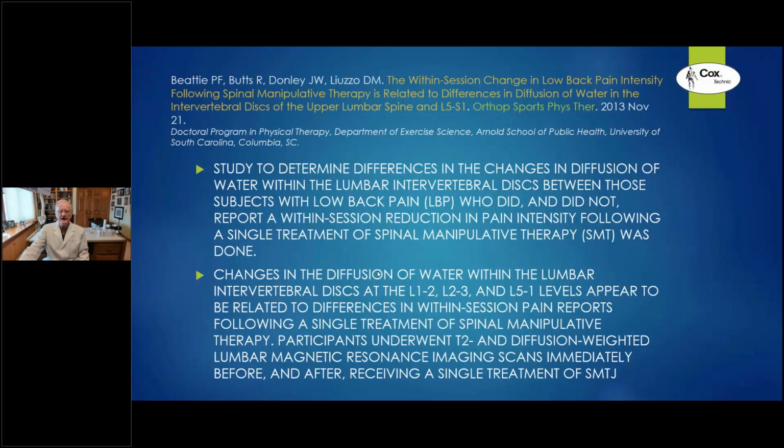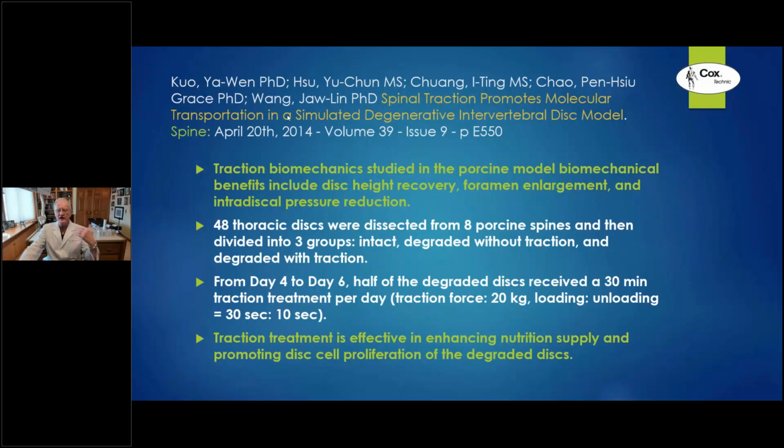People who had an increase in the flow of fluids into the disc had a greater clinical relief of pain than did those who did not see stimulation of diffusion of fluid into the disc, as noted under lumbar magnetic imaging, before, during, and after distraction. So you must have a difference in the diffusion of water into the intervertebral disc.